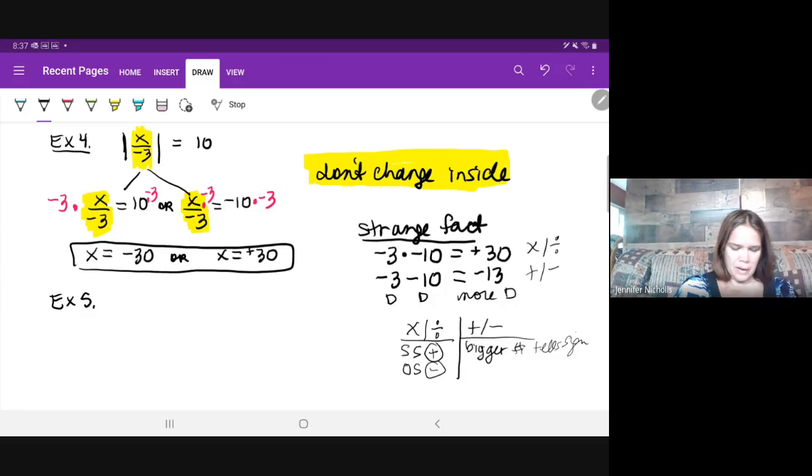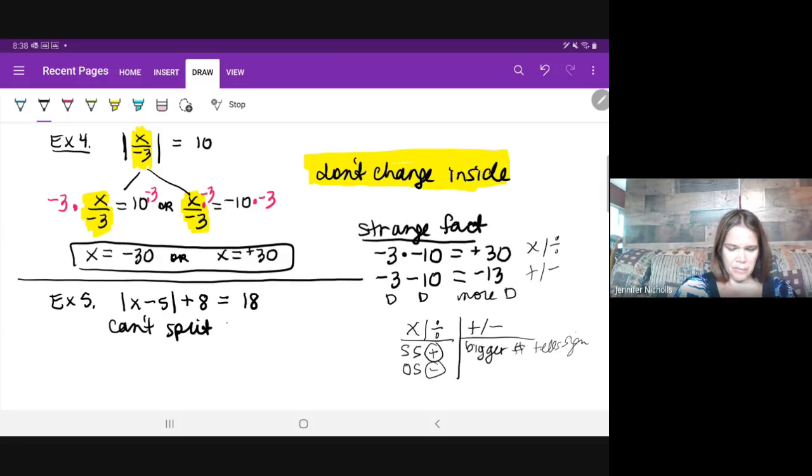Okay, this section here is x minus 5 plus 8 equals 18. Okay, you can't split yet. I have to get this part alone before I split.